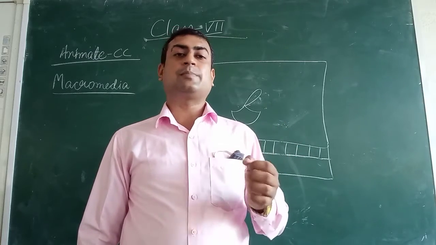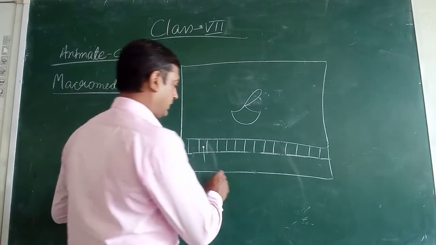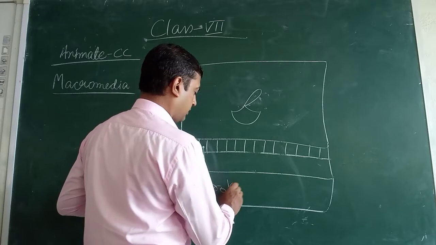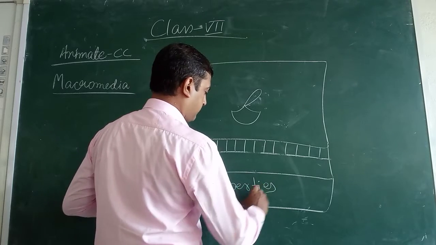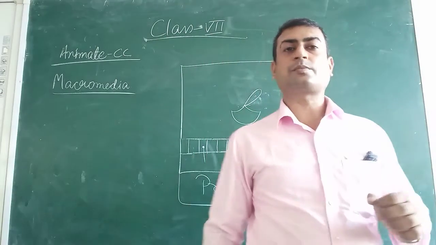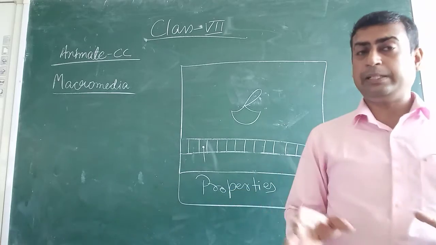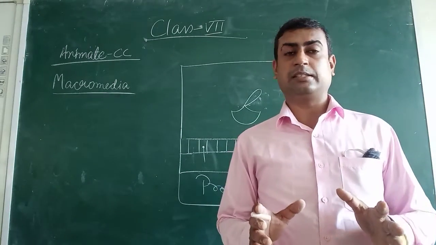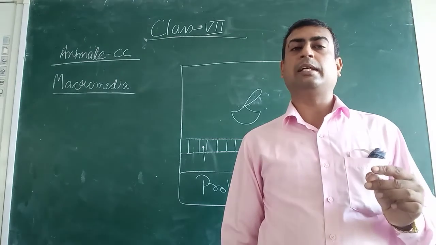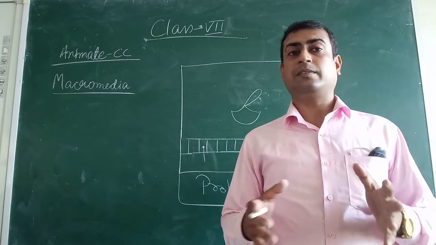You have to set the speed of this animation also. In the downside, properties window, in the properties window we will get the speed, the frame rate we can set. If you set a higher frame rate, it can execute more frames in less time, so it will be very fast.